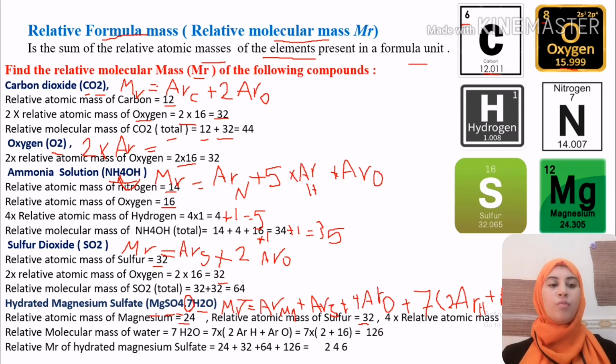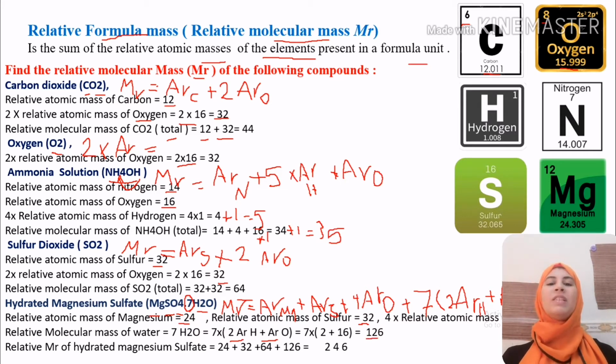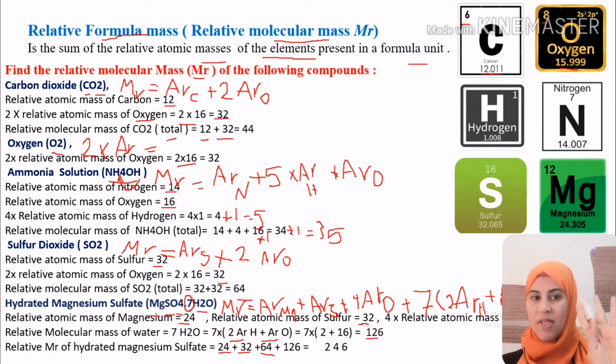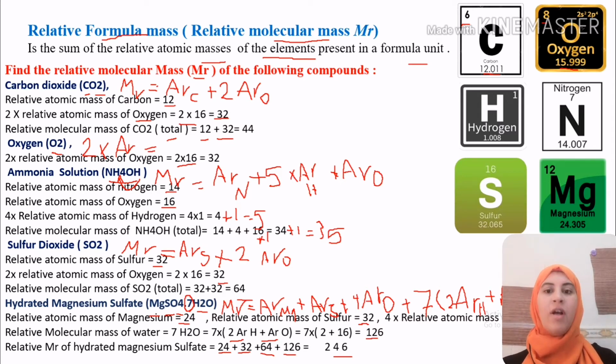So for 7 water molecules, 7 times 2 Ar for hydrogen plus 1 Ar for oxygen, 7 times 2 plus 16, 7 times 18 equals 126. So the total relative molecular mass of hydrated magnesium sulfate equals 24 for magnesium, 32 for sulfur, 64 for 4 oxygen atoms, and 126 for 7 water molecules, equal to 246. Okay, it is the relative molecular mass of hydrated magnesium sulfate.